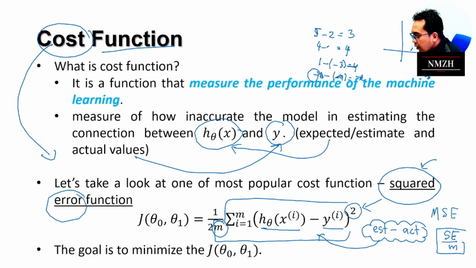But for the sake of the cost function, the cost function is not MSE, but half of MSE. So that's the reason why we have 1 over 2M with the difference squared, the square error. So then we have this.